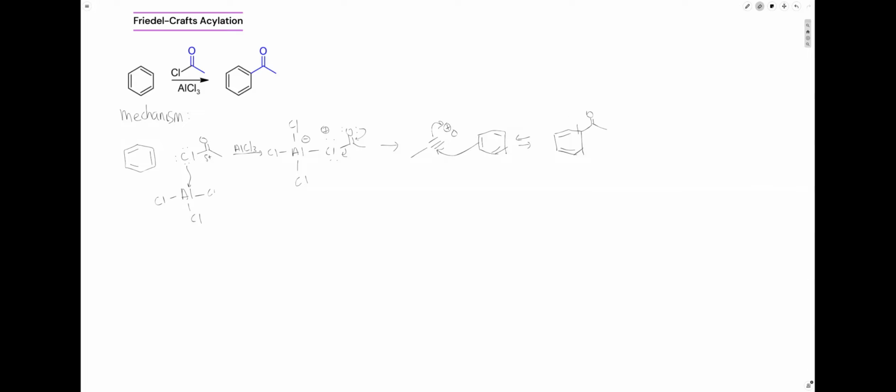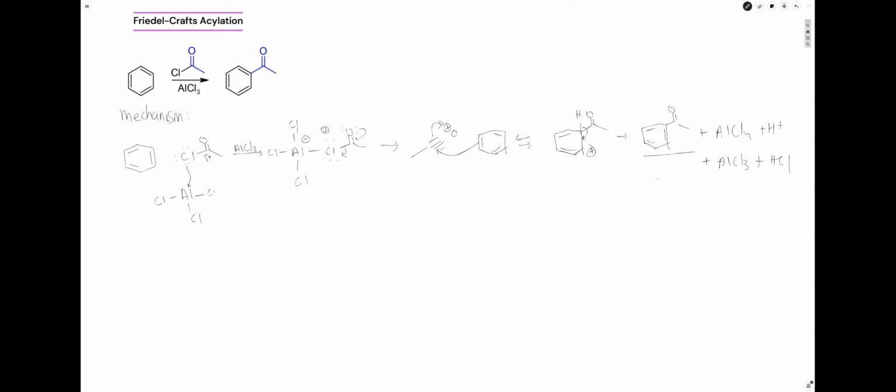Draw that a little bit better. And then it rearomatizes via deprotonation. And what we really get then is our product. Like so. And we can say plus AlCl4- plus H+, or you can say plus AlCl3 plus HCl.